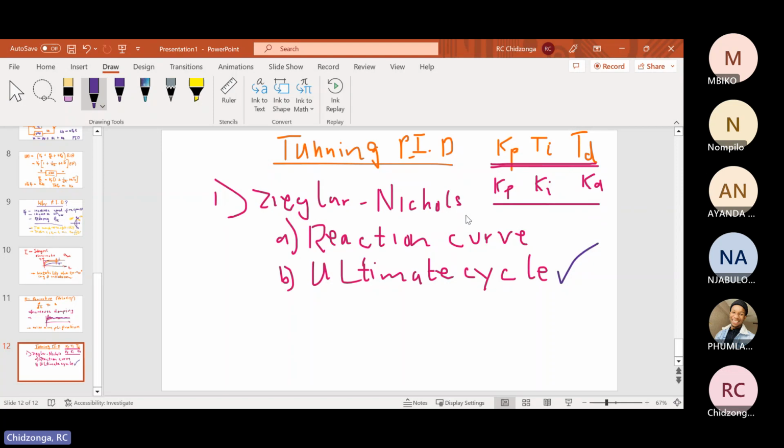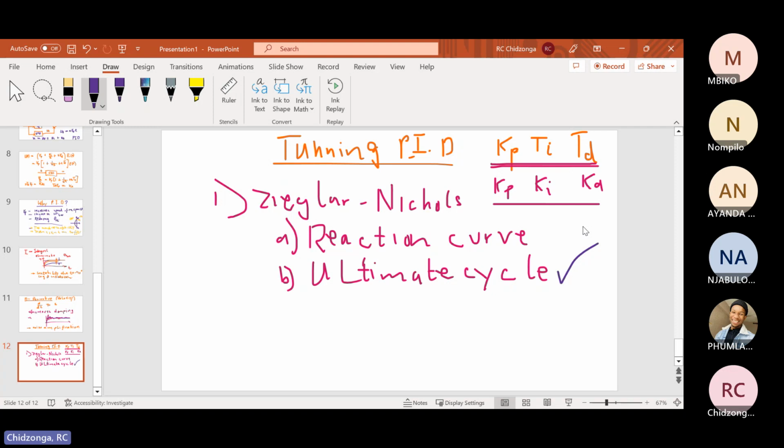Are you going to put KP equals to 10? Are you going to make TI 0.1? Are you going to make TD 0 or whatever the value? Now, if you don't have some routine or a technique to set these values, of course, there are a million ways of selecting these three values.